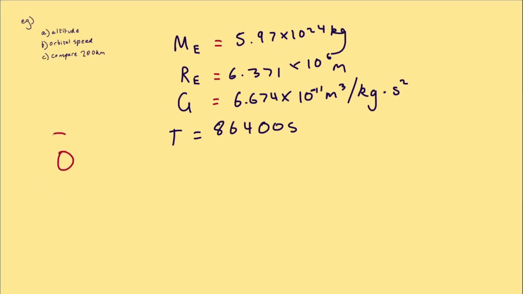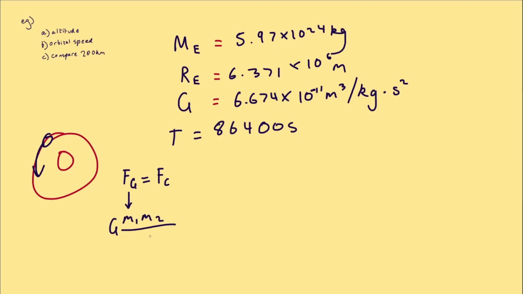Now, since our satellite is undergoing circular motion, the gravity is providing all of the centripetal force, which means that the force of gravity is equal to the centripetal force. As we know from Newton's law of gravitation, the force of gravity is equal to G times M1 times M2 divided by radius squared.